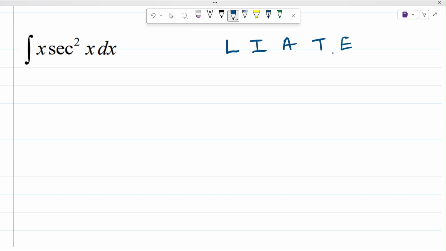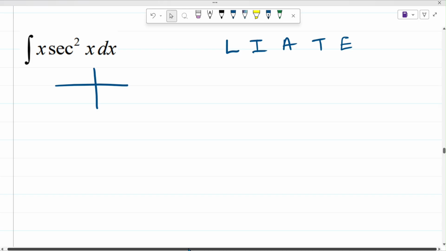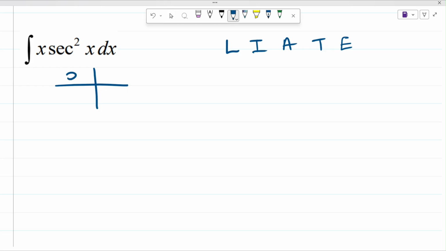If we draw our cross and identify the types of functions we're dealing with, we're dealing with an algebraic function and a trigonometric function. So we write our x here. An algebraic function comes first before the trigonometric function. Hence, we took x as the thing that we're going to differentiate, and sec squared of x we're going to integrate. When we differentiate x, it becomes 1. When we integrate sec squared, it becomes tan of x.